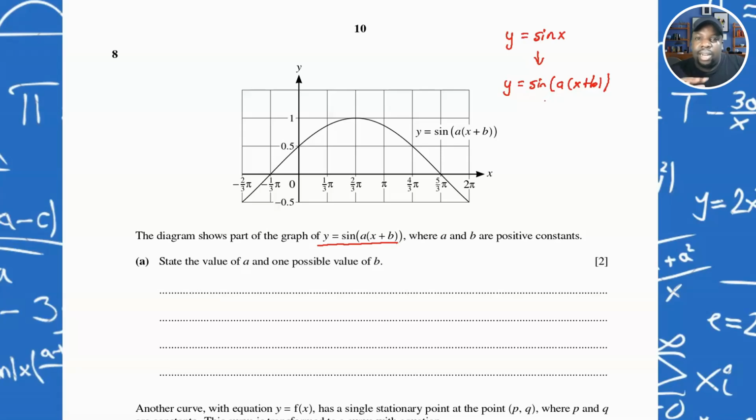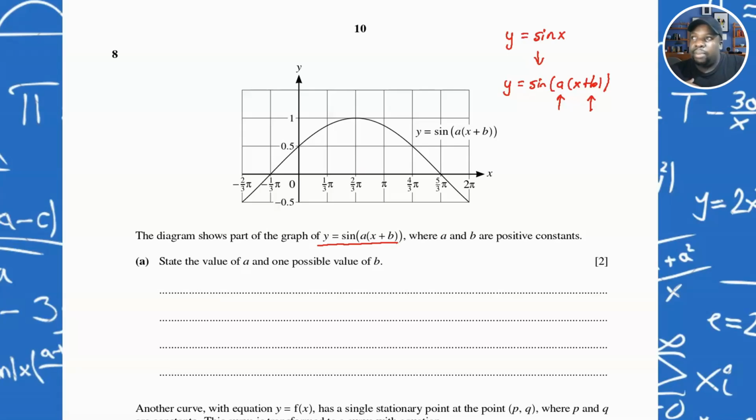All right, they are horizontal transformations. We have a stretch with the a and we have a translation with the b, and these are all x transformations. It's a stretch parallel to the x-axis, and a translation parallel to the x-axis. So that's what we have right here. There is no vertical transformation going on.